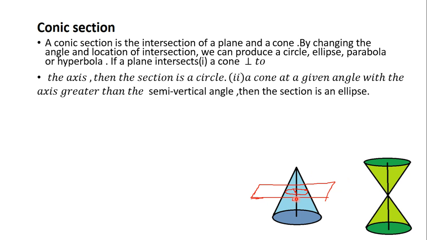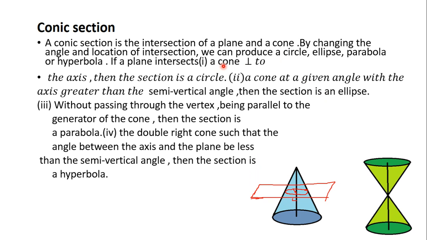At that time the section is the ellipse. So if the plane is slanted in this way, and this angle is greater than the semi-vertical angle, then the section is an ellipse.